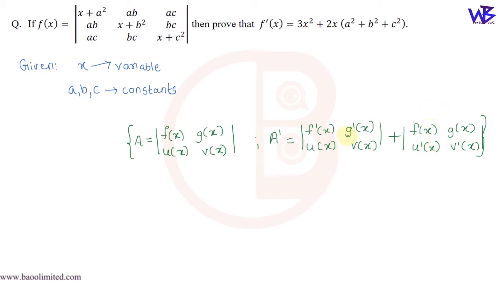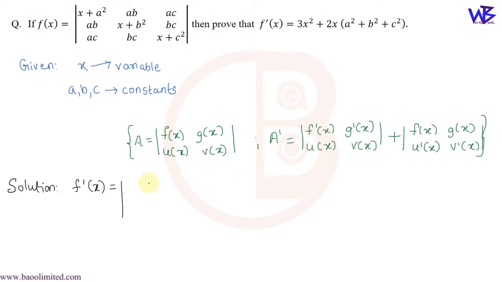Now this rule we can apply to the given determinant, that is f of x. So let's write down the solution. In the solution we'll go for f dash of x will be, now applying this rule to the differentiation of f of x. How we'll do it?